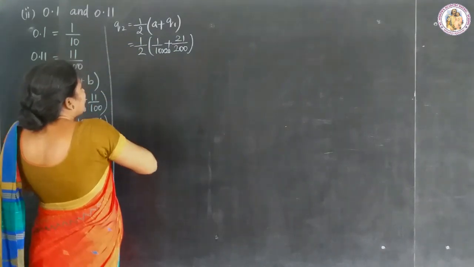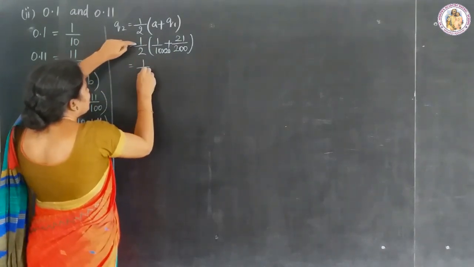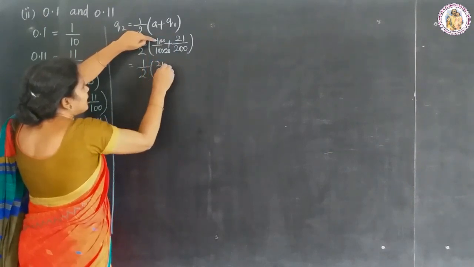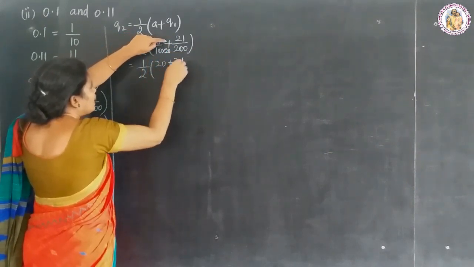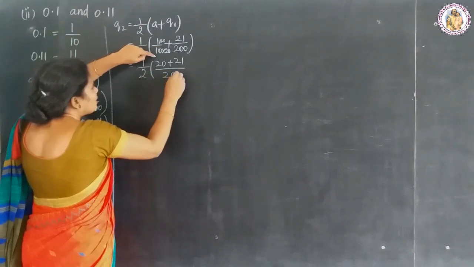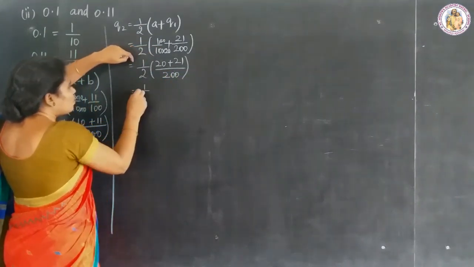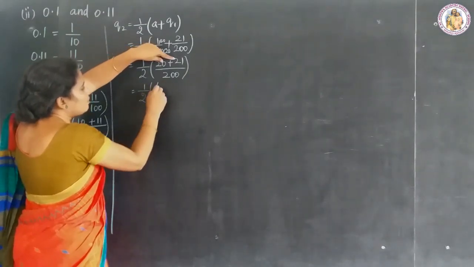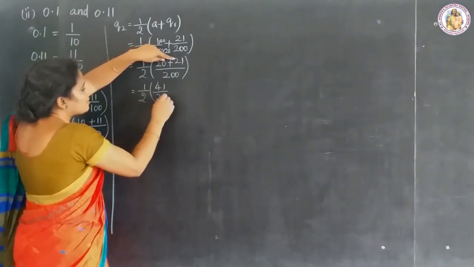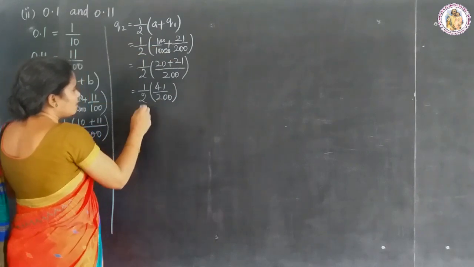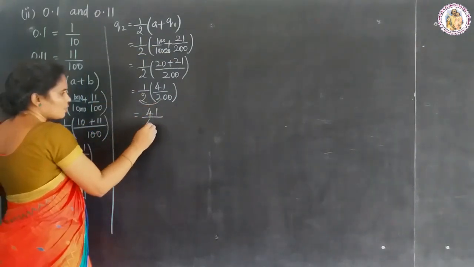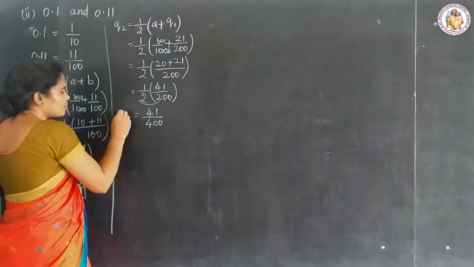So that 1 by 2 into 20. 1 twenties are 20 plus 21 divided by 200 is equal to 1 by 2, 20 plus 21, 41 by 200. Then 41 ones are 41, 2 into 2, 4, 00. So this is Q2.